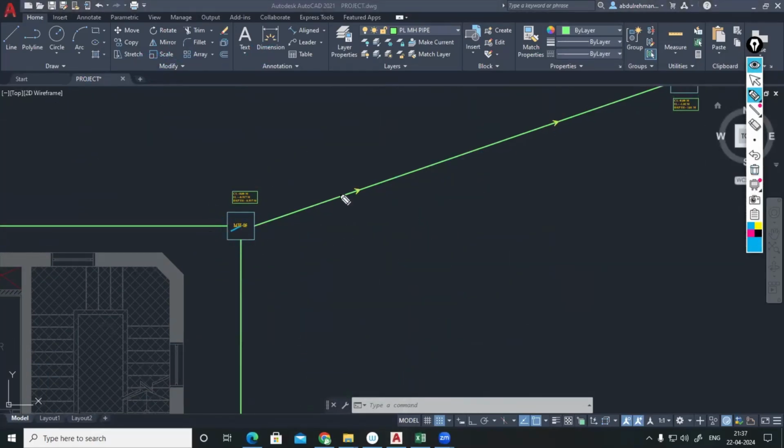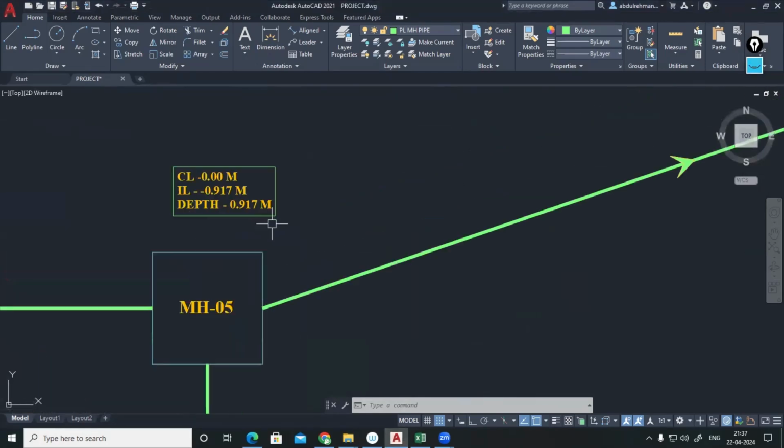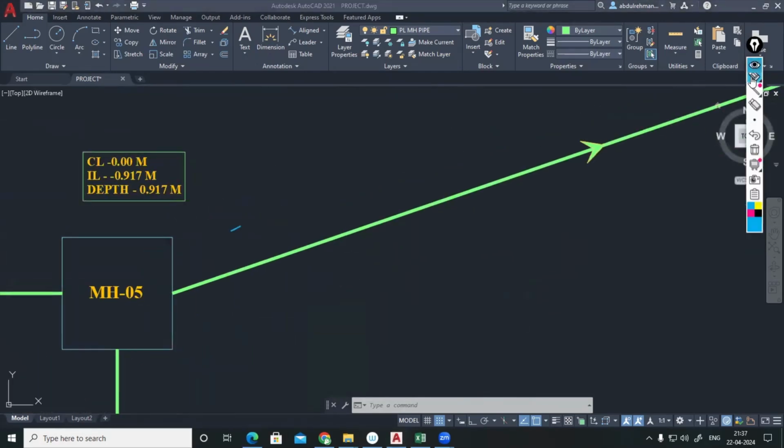This pipe will be reaching manhole number 5 at a point of 0.917 meter. This is manhole number 2, and this is the cover level, 0.0. From the cover level, the water will be reaching to this point only.